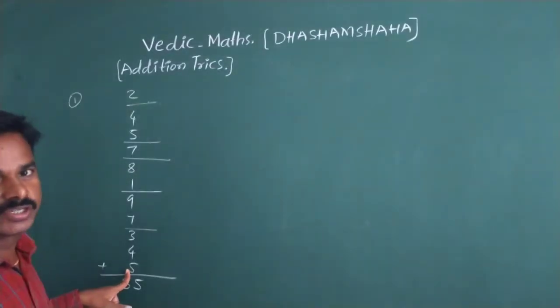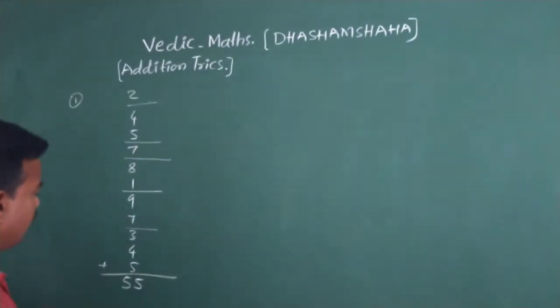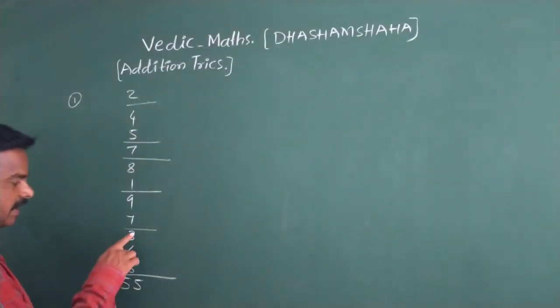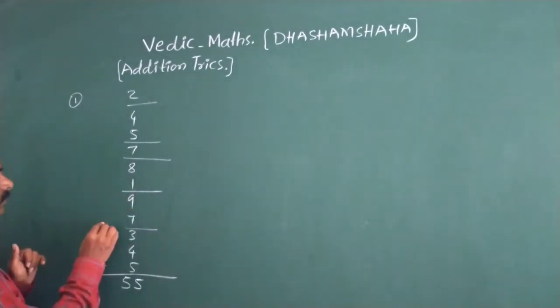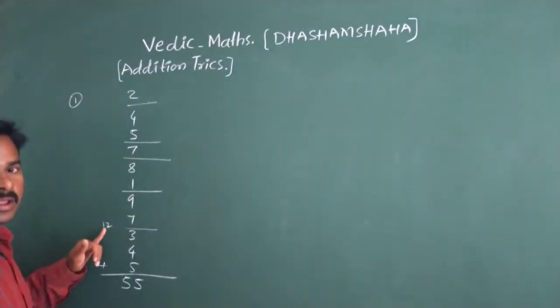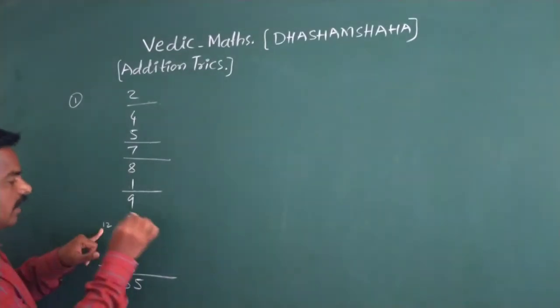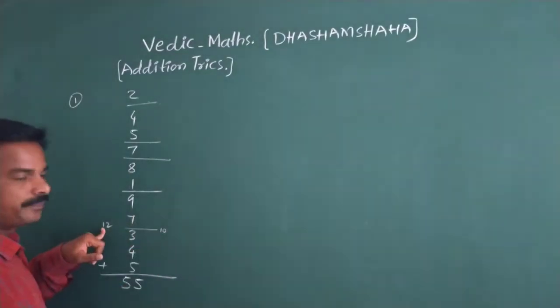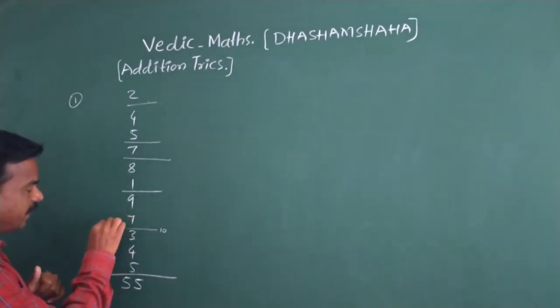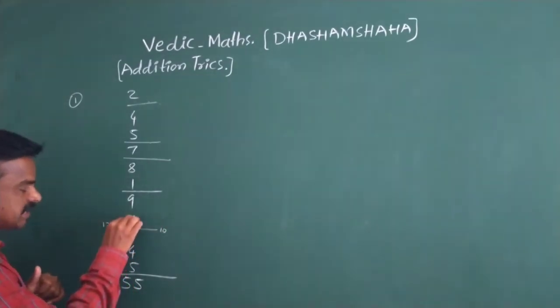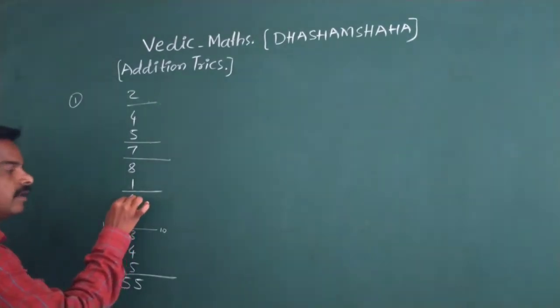To do this addition, we start from downside. It is the first step. 5 plus 4, 9 plus 3, 12. From 12, we drop one 10 here, and the remaining 2 you carry on. That remaining 2 plus 7, 9 plus 9, 18.